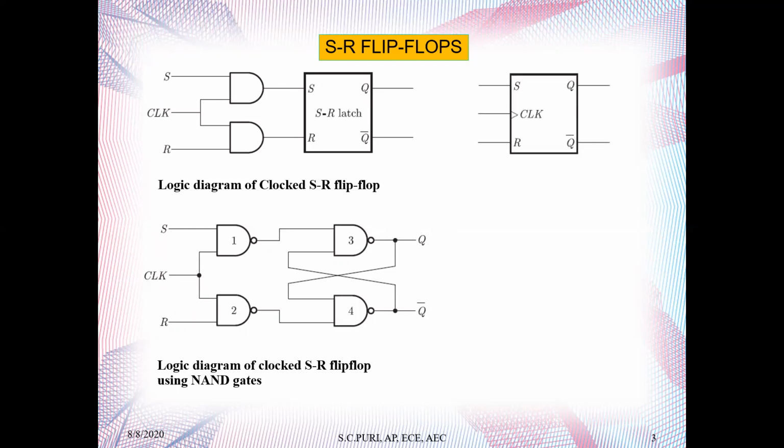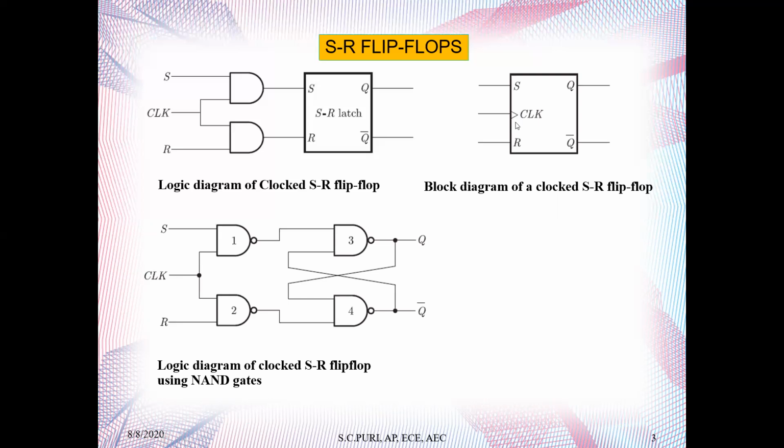This is the block diagram representation of a clocked SR flip-flop. This is the representation of a clock, and this block is a representation of a flip-flop. There are two inputs S and R and two outputs Q and Q bar. One thing will be discussed later, but keep this in mind: in this clock there is no bubble, simply a V-shaped symbol.